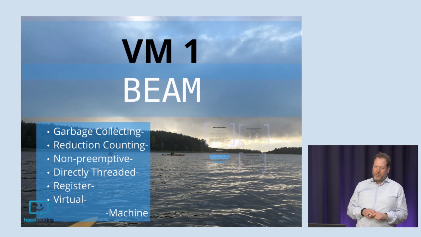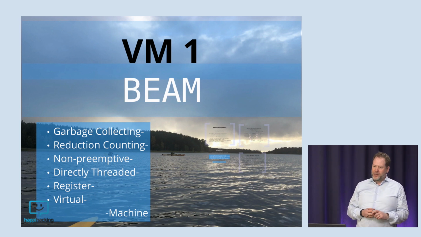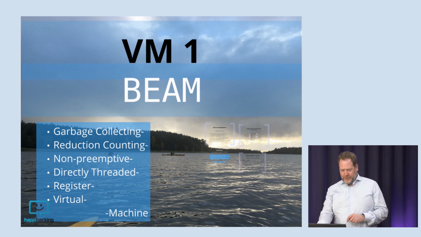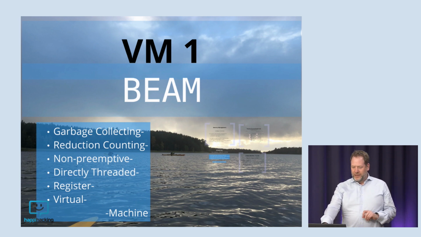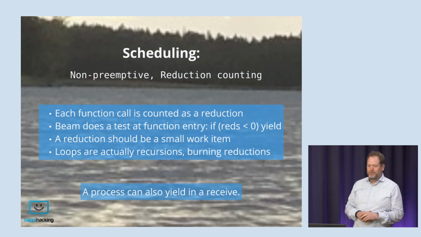But then came Beam in around '98 or something like that. And Beam is a garbage collecting, reduction counting, non-preemptive, directly threaded register virtual machine. And we will look a little bit at some of those things: the garbage collection, reduction counting, and that's about what we have time for today.